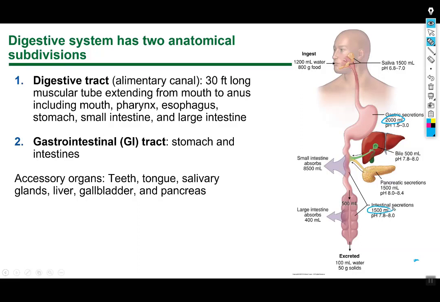So 1,500 mLs here, 1,500 here. So this is 3 liters of secretions. Now we're at 3,500 milliliters, so 3.5 liters, and then add 2 more, means 5.5 liters of your own body water you are putting into your GI tract and then taking back out during compaction. So this is why staying hydrated is important, among other things.